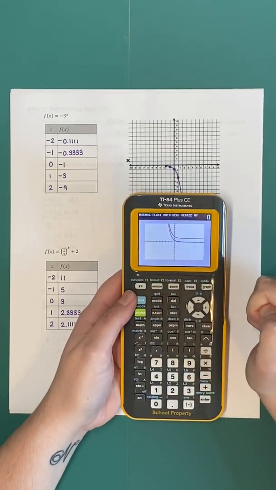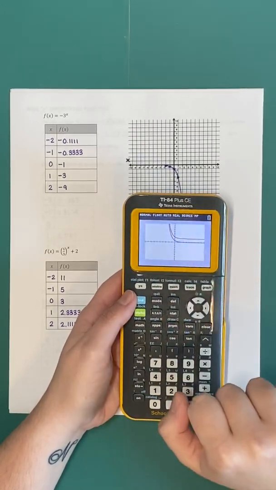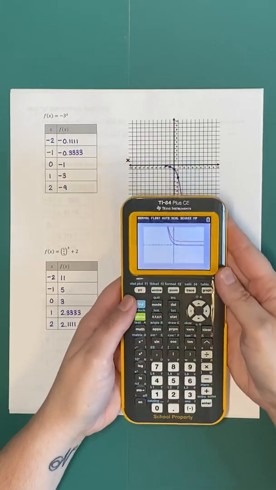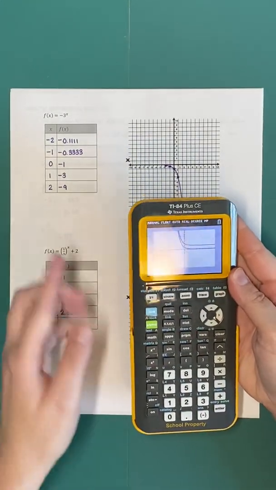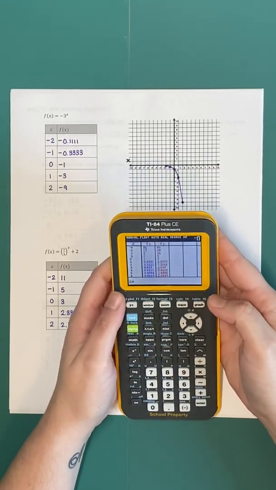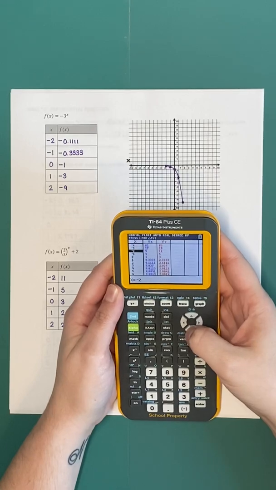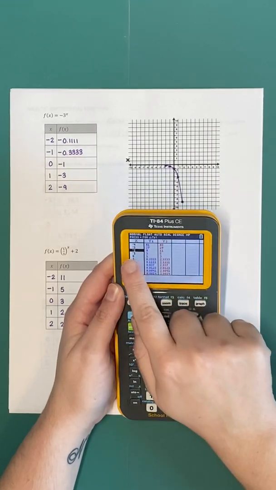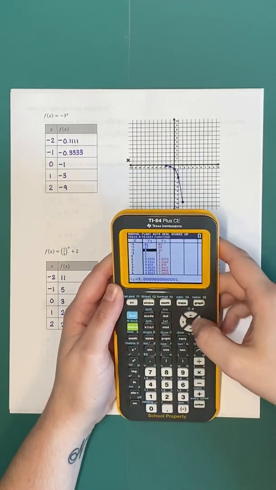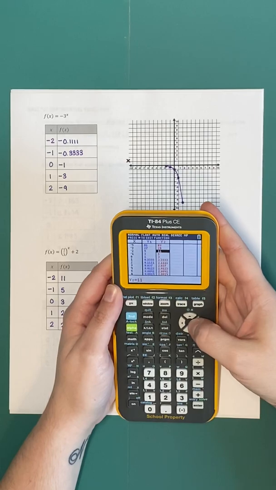What happened here? It took the parent function and shifted it up 2 units. If we were to compare the outputs, get some actual y values to get an accurate graph, let's go into the table. Second in graph takes us into the table. We're graphing from -2 to 2. The original graph at -2 had an output of 9. Our new graph has an output of 11.